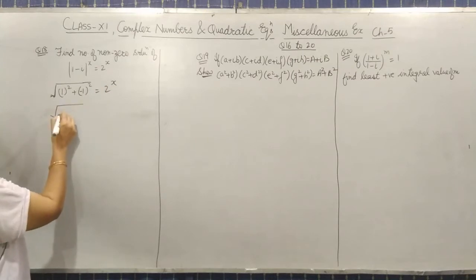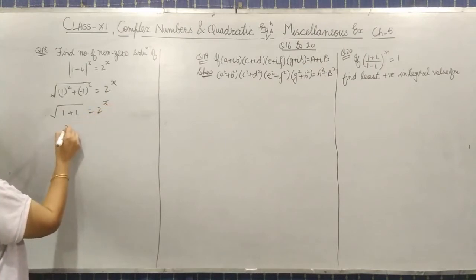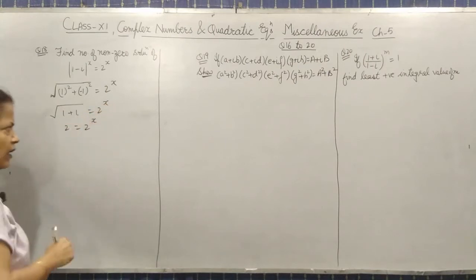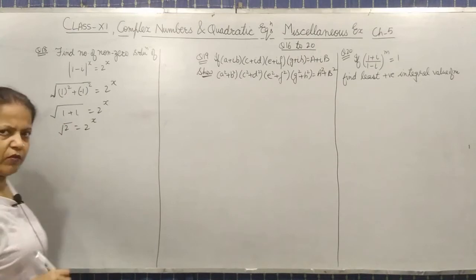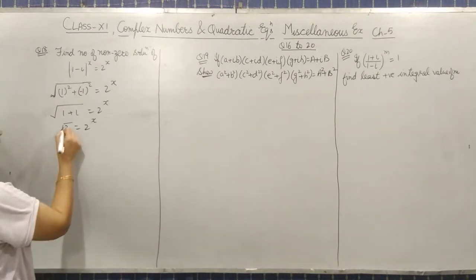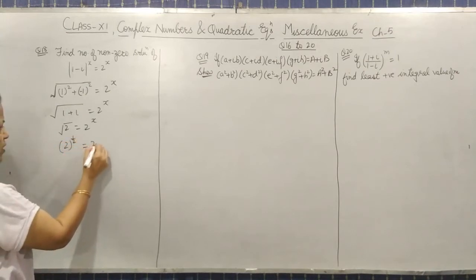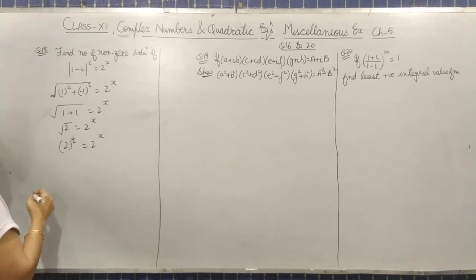Now solve it further. 1 plus 1 equals 2 power x. So 2 equals 2 power x, root 2 equals 2 power x, and then we can do it further: this root 2 we can write as 2 power 1 by 2, and this is 2 power x. So what will be the next step? What step will you take to find the value of x here?